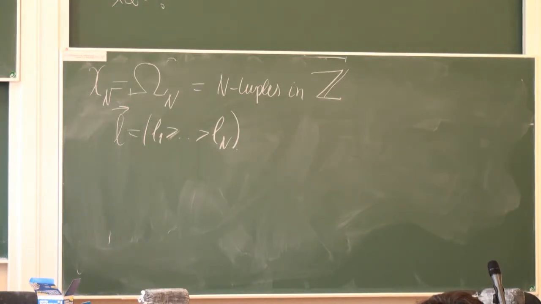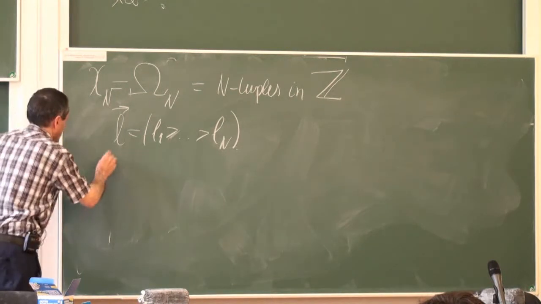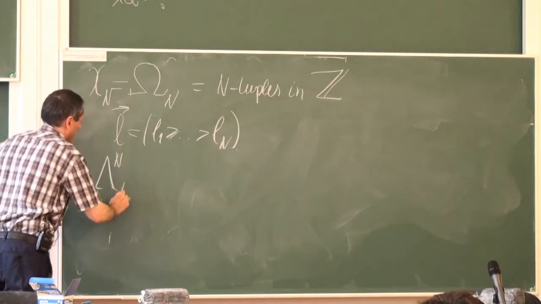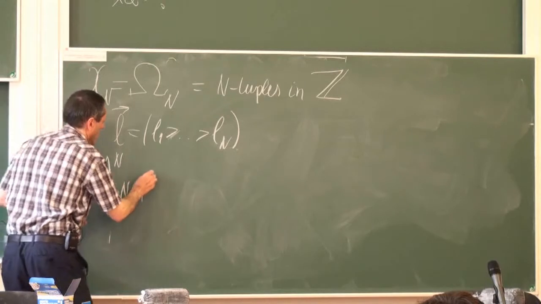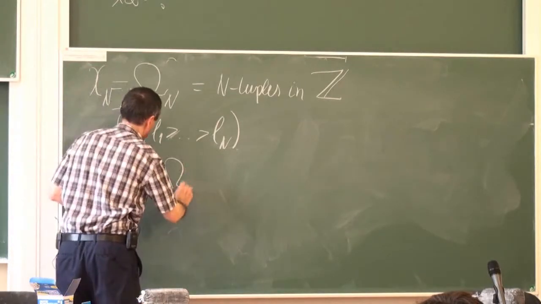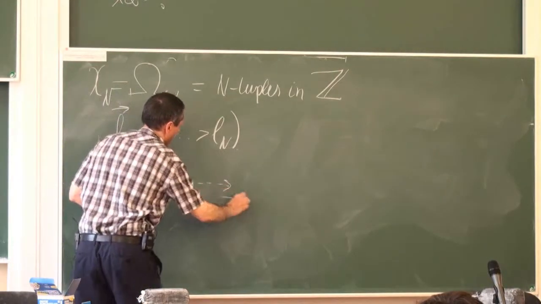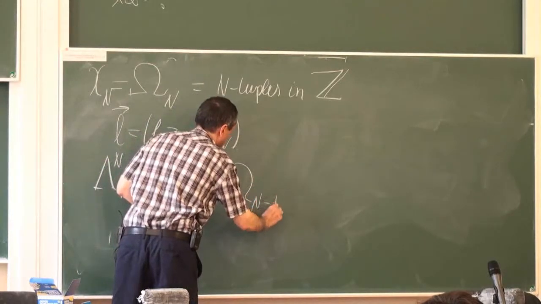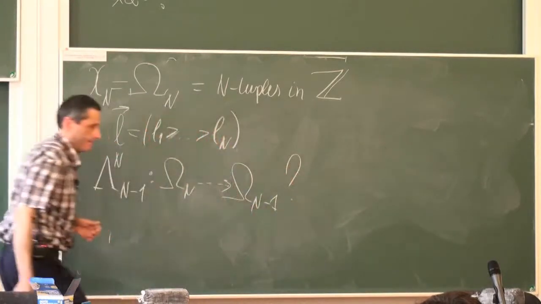Now the next step we have to do is to construct the intertwiner. How to do this?